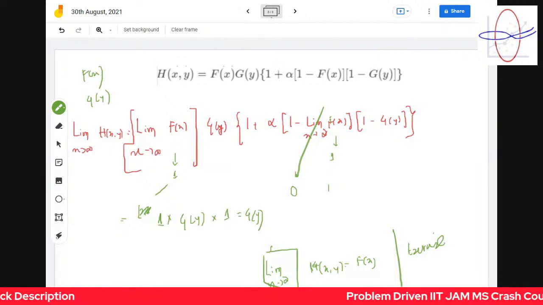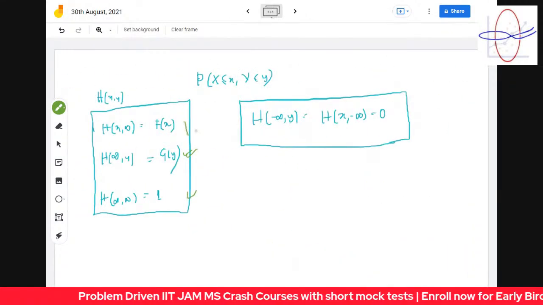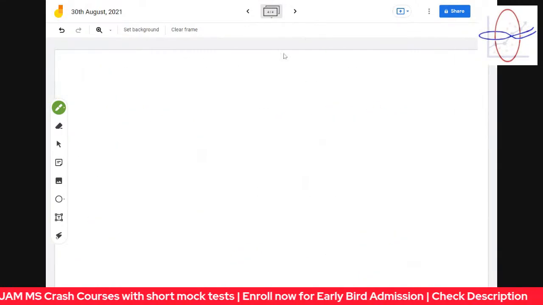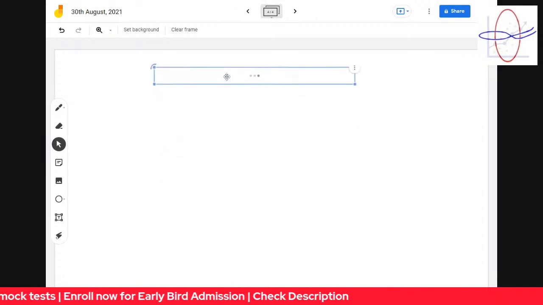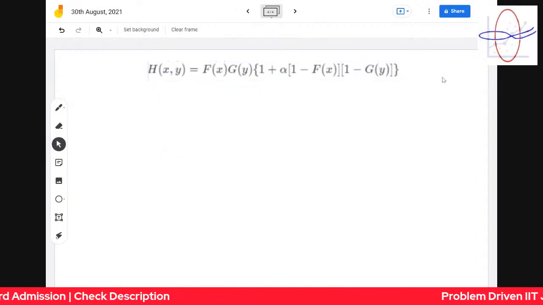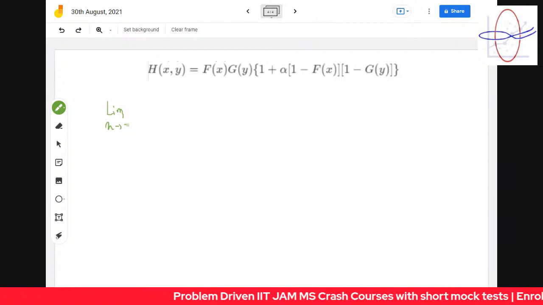That's super. That's a very good way of understanding that. Perfect, so we have done these 3 conditions. Let's check the other condition. Let's check the limit as x tends to minus infinity. Let's copy the function here again. So we want the limit as x tends to minus infinity of h of x comma y.